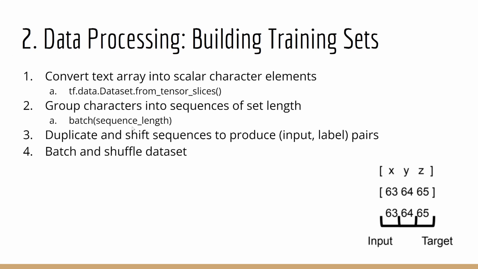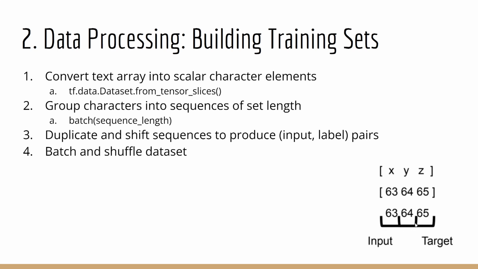So we want to group these characters into sequences of a certain length, and then use that to train and learn. That's what it's doing here. First you use that function, and then you shift through the characters to produce sequences.